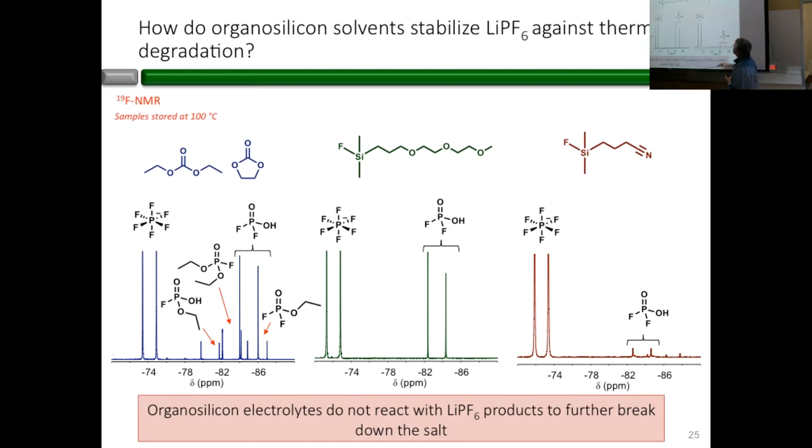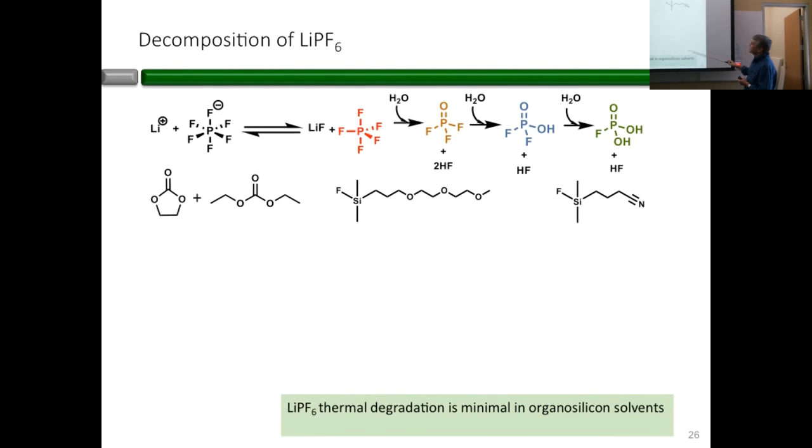And if you replace this group with the nitrile group, you can see that you've made this really incredibly stable. There's only evidence for one small decomposition product. The important thing is that this becomes stable. It does not initiate this autocatalytic decomposition process. So you get a little bit of product, but the key is that that's stable.